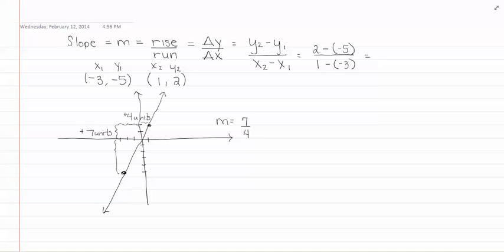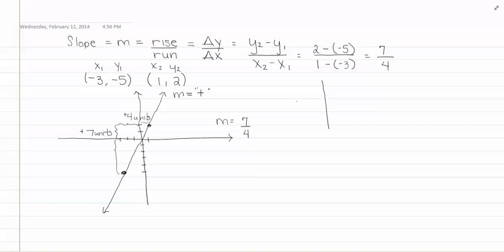And you can see when we simplify this, we're going to have 7 on top divided by 4 on the bottom. And again, we have a slope of 7/4. Also notice that going from left to right, this line goes uphill, which indicates the slope is going to be a positive number, and that's what we came across.